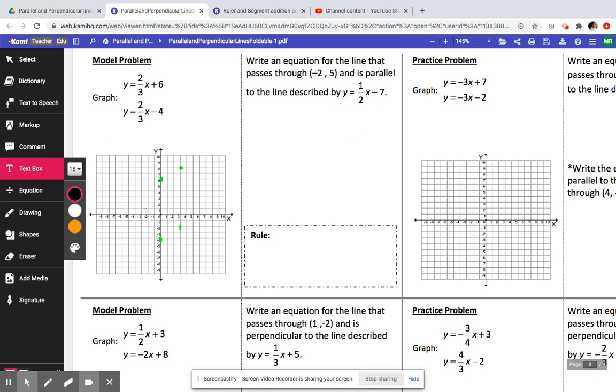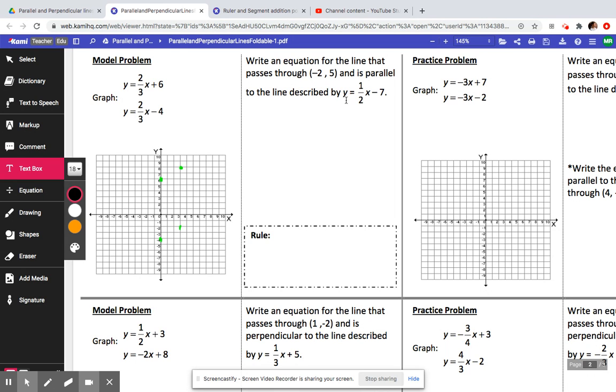If you look at this example in our graph, when we graphed these two lines, we had a slope of 2/3 and a slope of 2/3, and it makes it so they never cross. So I'm hoping you're seeing that parallel lines will always have the same slope, but they have to have different y-intercepts. Notice how over here, plus 6 and then -4, we had different y-intercepts. Otherwise, if they're the same, they're going to be right on top of each other, so it's just going to be the exact same line.